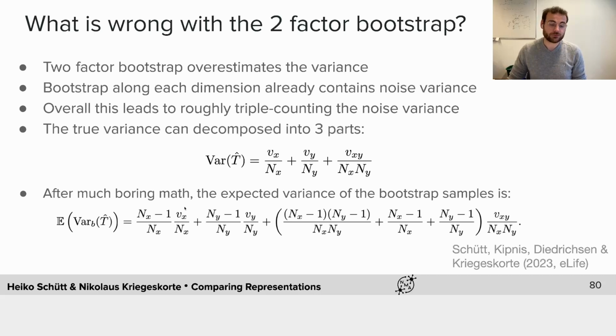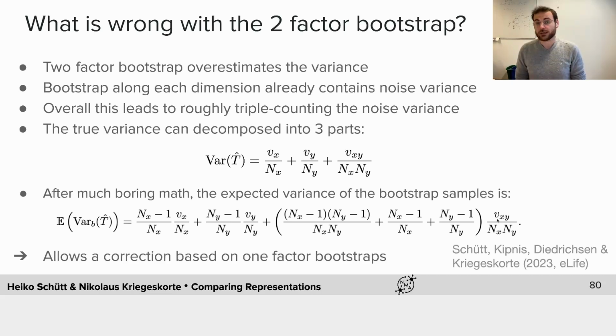And it turns out to have n minus 1 over n factors for these two, which is almost right, but unfortunately has 3 of those additions for the xy interaction. So it is actually pretty close to just a factor 3 off for this particular variance component.